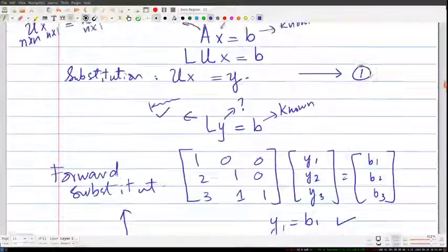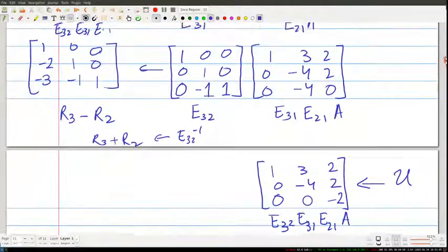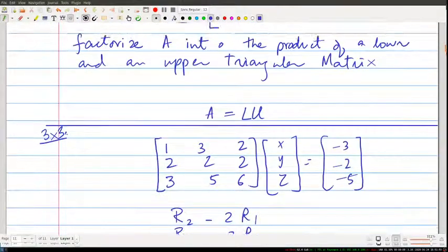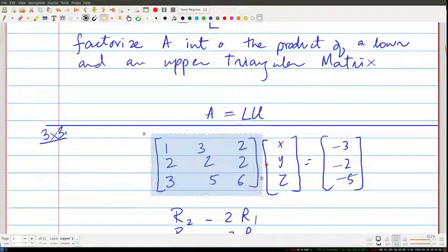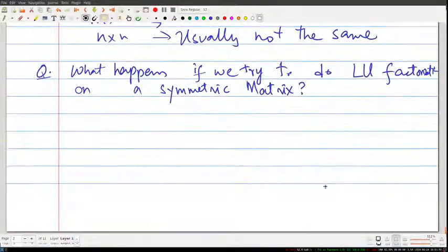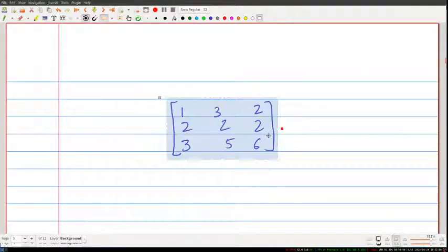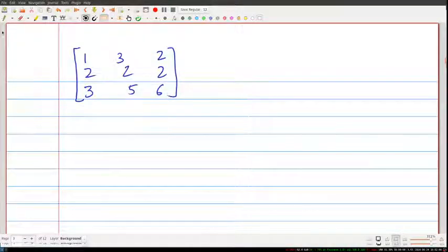Where is it? And I lost it. So A matrix was this matrix. Here we go, finally found it. This was matrix A. Let's bring it right here, and now let's do the LU factorization on this matrix.